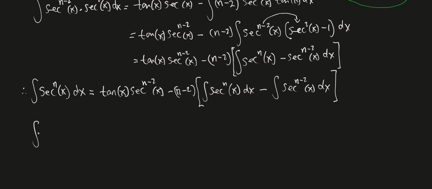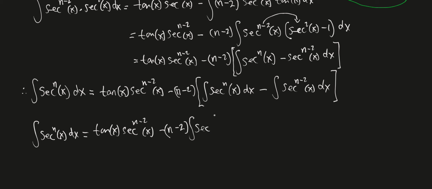So we have the integral of secant to the nth power with respect to x. Here's our tangent of x, secant to the n minus 2 power. Now distribute this constant to the first one, so it just ends up being the negative of the quantity n minus 2 times the integral of secant to the nth power dx.